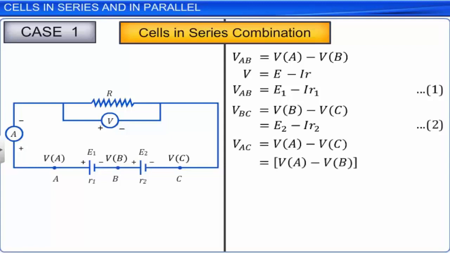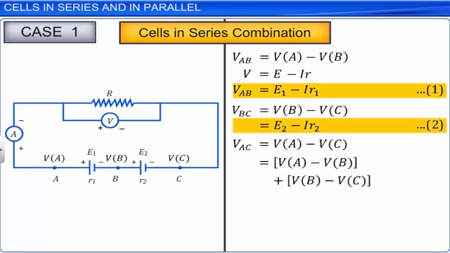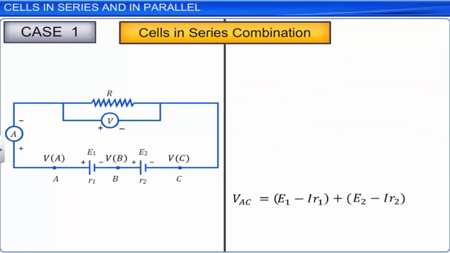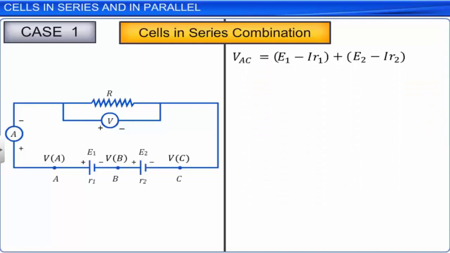Substituting from equations 1 and 2, we have VAC is equal to E1 minus I into R1 plus E2 minus I into R2. Rearranging and simplifying the right side of the equation, we have VAC is equal to E1 plus E2 minus I into R1 plus R2. Let this be equation 3.